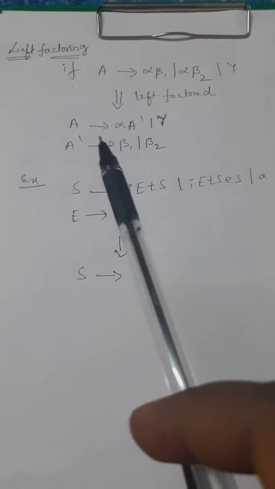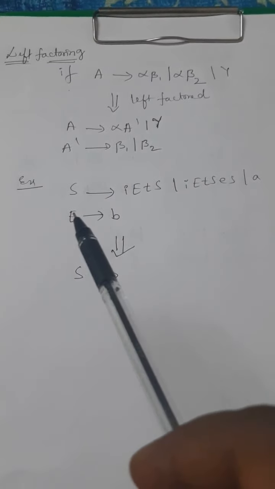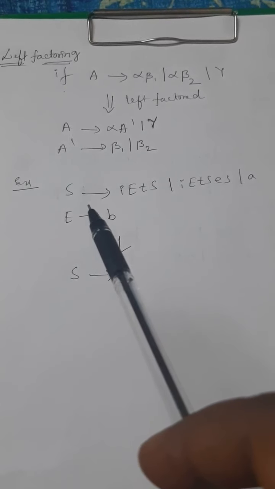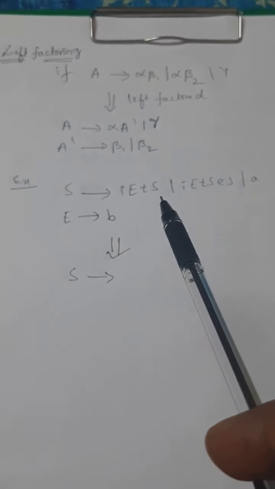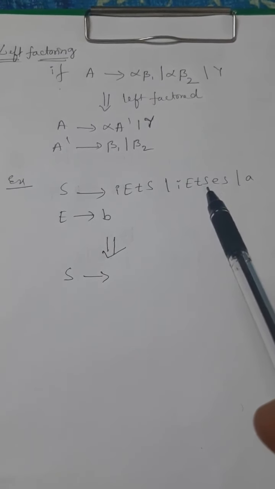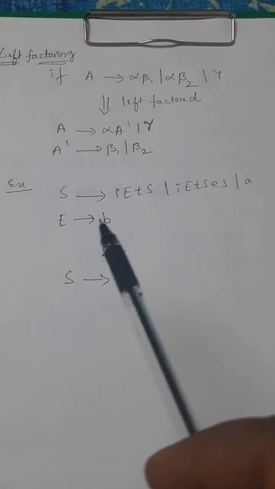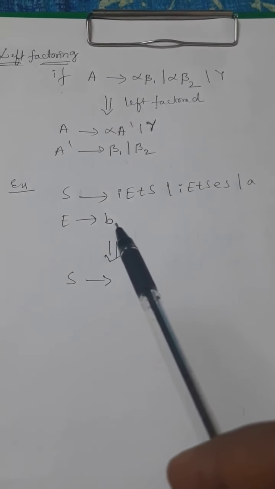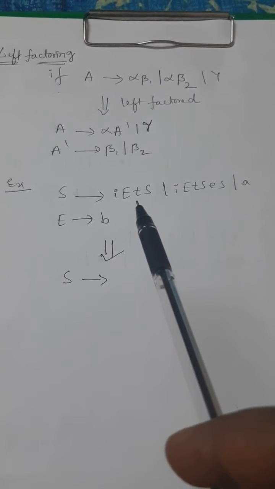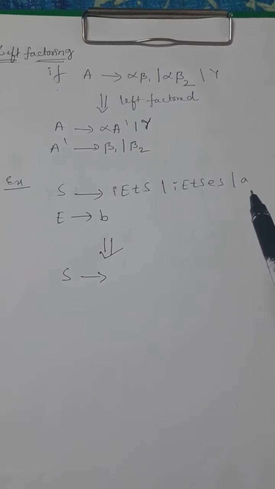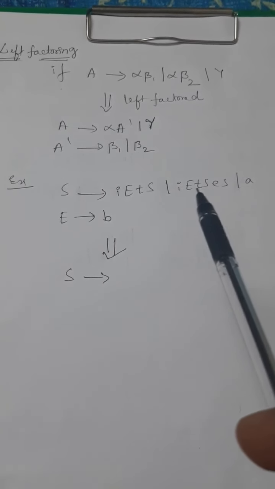This is the formula we are going to use to remove the left factoring. Assume that the given grammar is S produces if expression then statement, or if expression then statement else statement, or A. And E produces B. Check out, S is producing 3 productions, and among these, 2 have a common prefix.